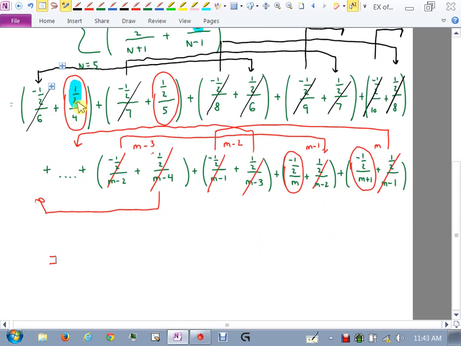I have 1/2 divided by 4, which is 1/8, right? I have 1/2 divided by 5, which is 1/10. That's not right?